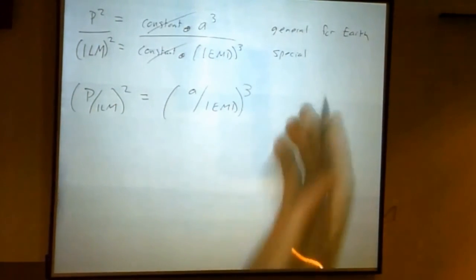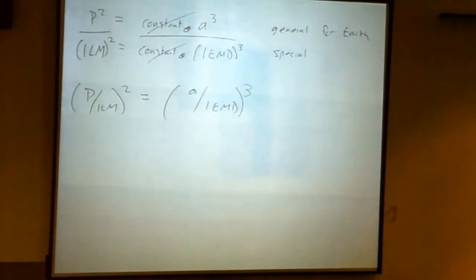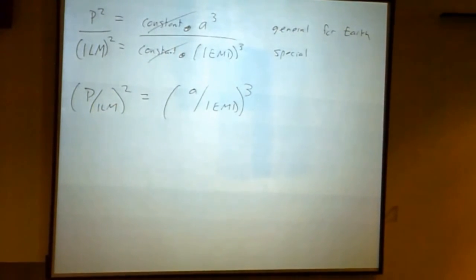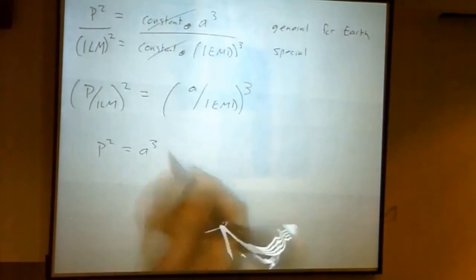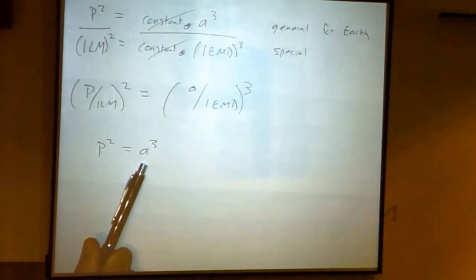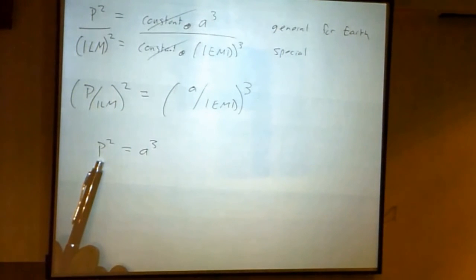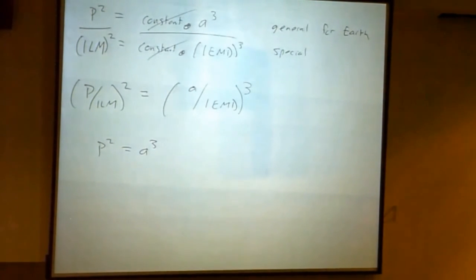So if I give you a problem with a spacecraft, a satellite in orbit around the Earth, maybe it's between the Earth and the Moon, maybe it goes out beyond the Moon, and I say its semi-major axis is a certain number of Earth-Moon distances, you just plug that into your p squared equals a cubed. If your unit's Earth-Moon distances, it's going to come out in lunar months. If I give you the period of a spacecraft in lunar months, you solve it for semi-major axis, it comes out in Earth-Moon distances.